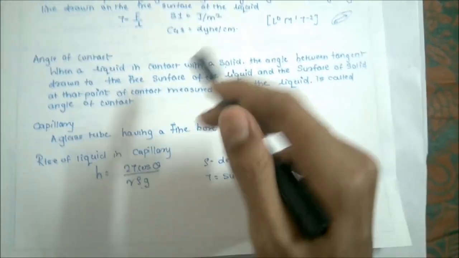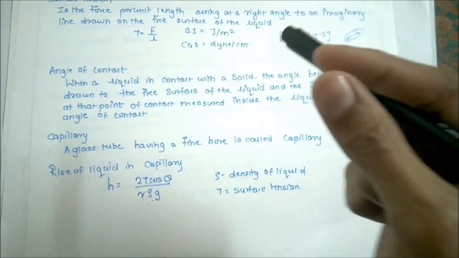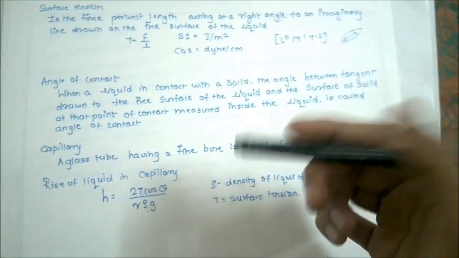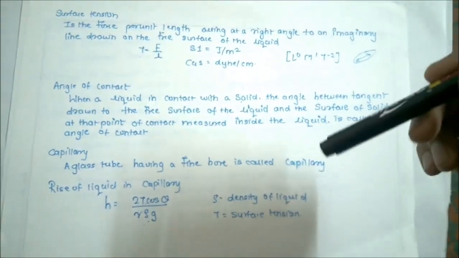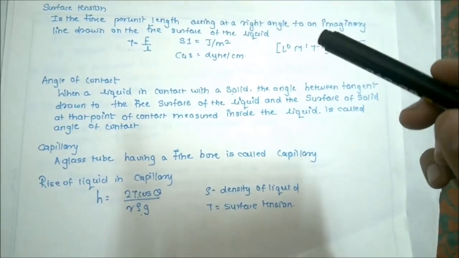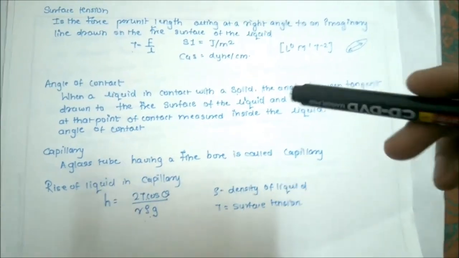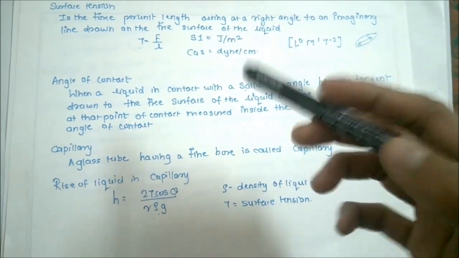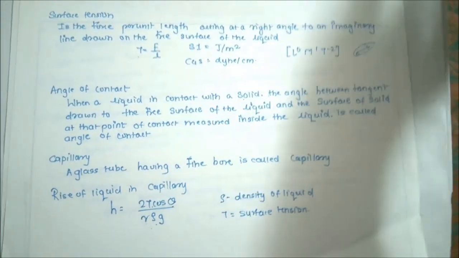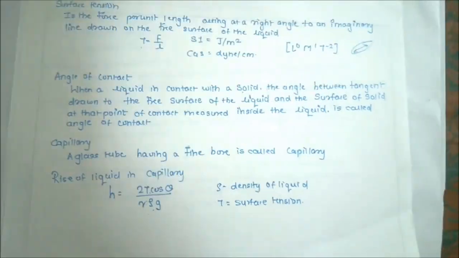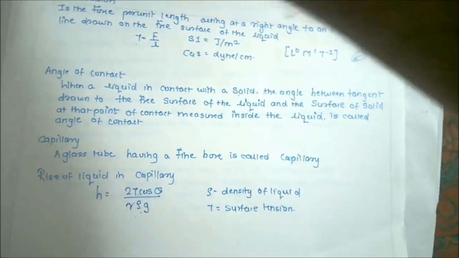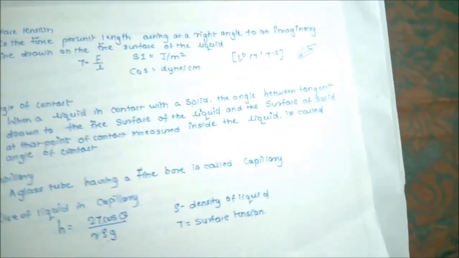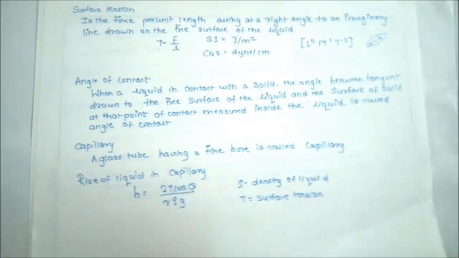Next, we have a capillary. A capillary is a small tube with a fine bore. The main function of the capillary is the rise or fall of the liquid when it is immersed in the liquid. That action is called capillary action, and the phenomenon is known as capillarity.